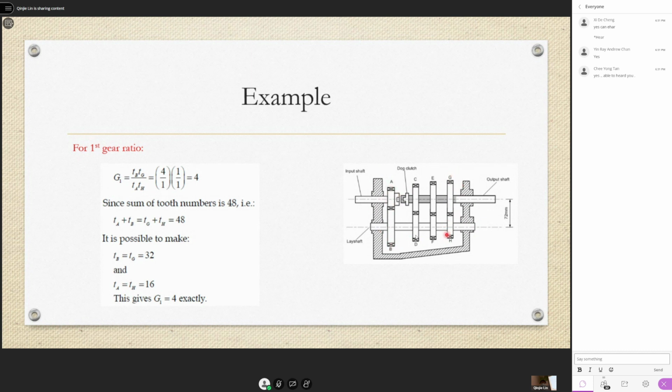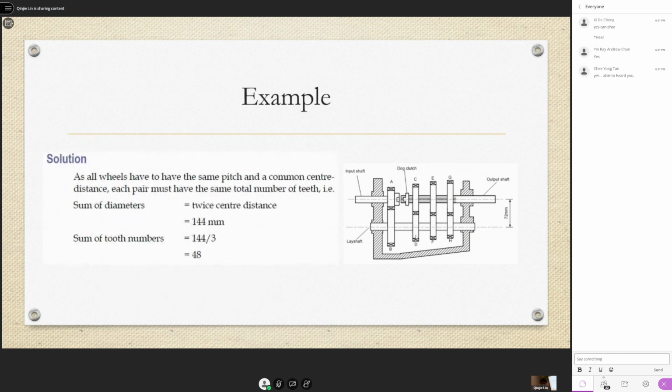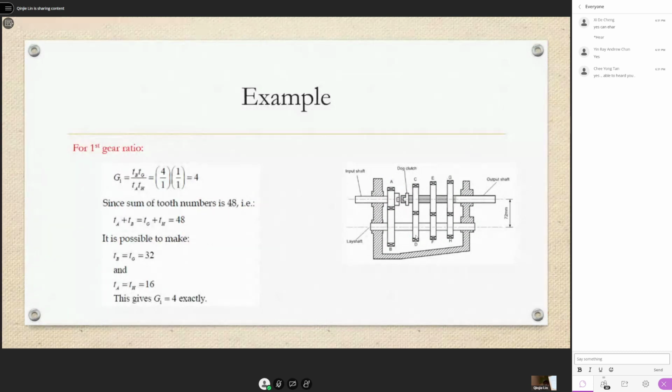Basically, these two gear ratios put together is the total gear ratio. And they want the total gear ratio to be 4.